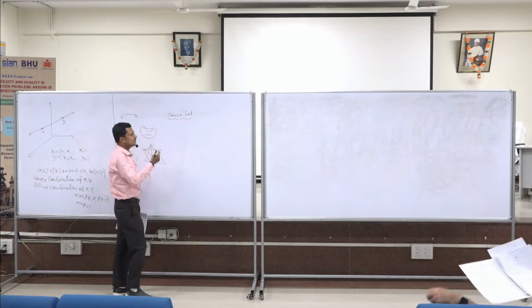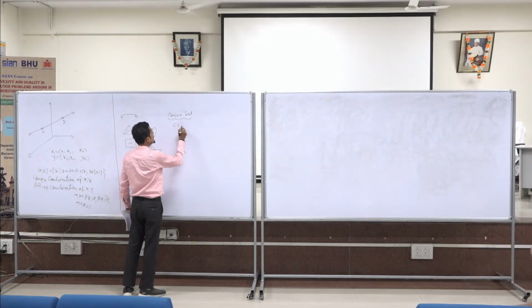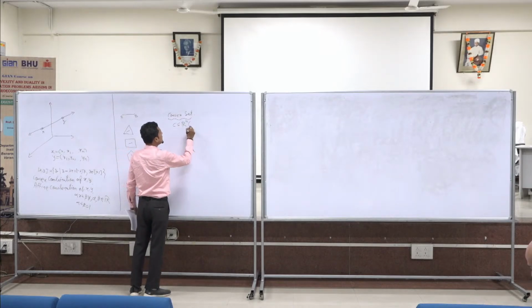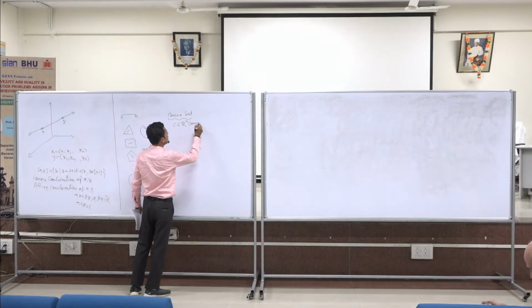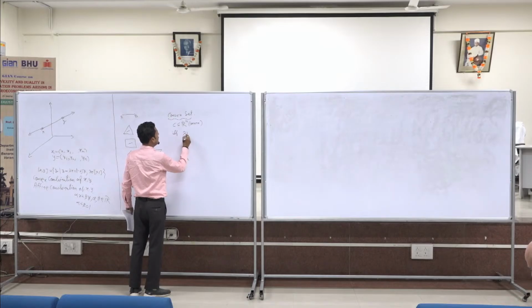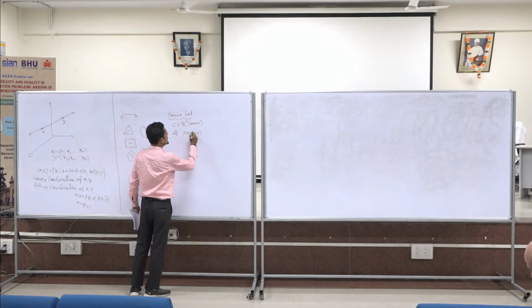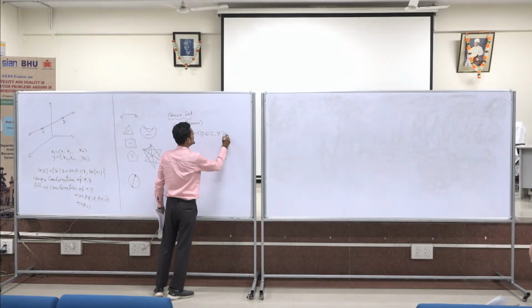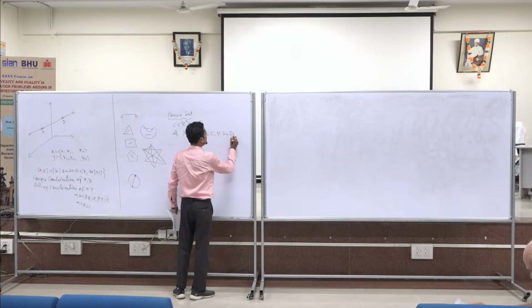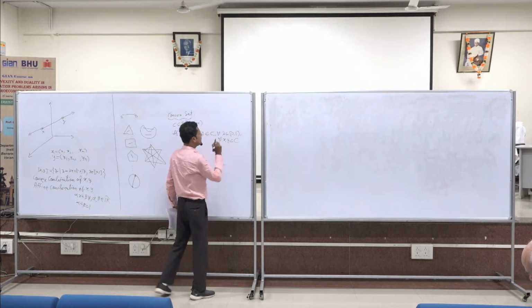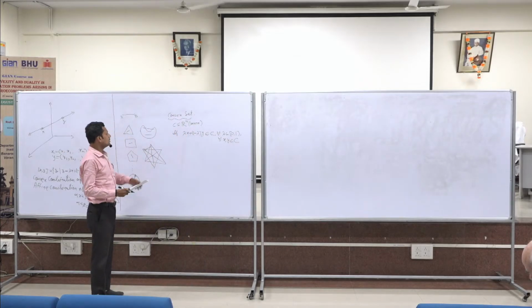A set C subset of Rn is said to be convex if and only if lambda x plus (1 minus lambda) y belongs to C for every lambda in [0, 1] and for every x and y in this set C. This is the definition of the convex set.